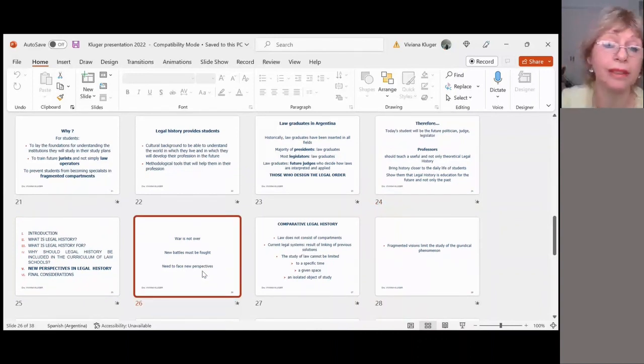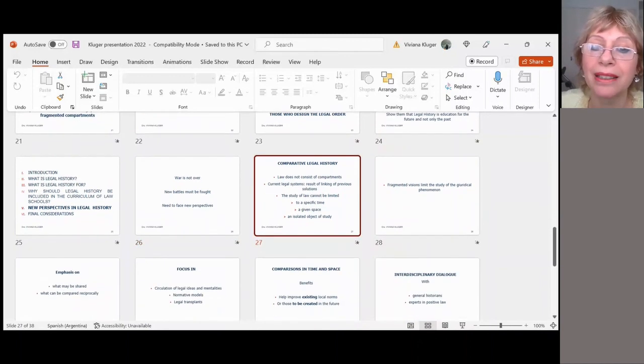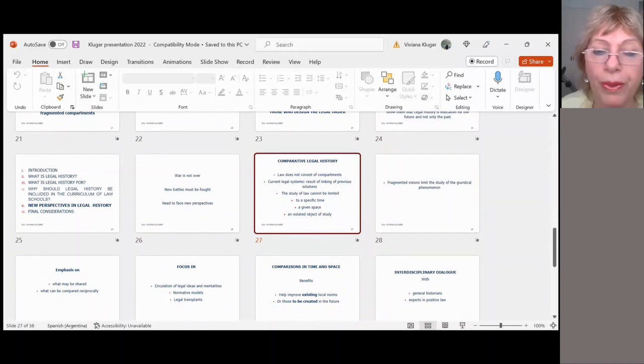The news is that war is not over and that new battles must be fought and that we need to face new perspectives. One of these perspectives is comparative legal history. Law does not consist of compartments.